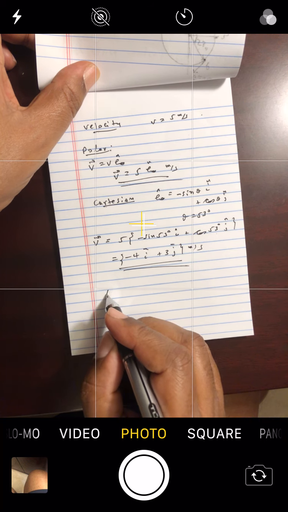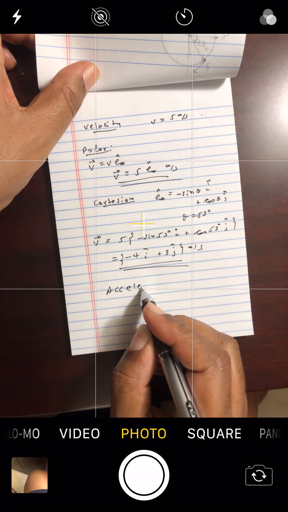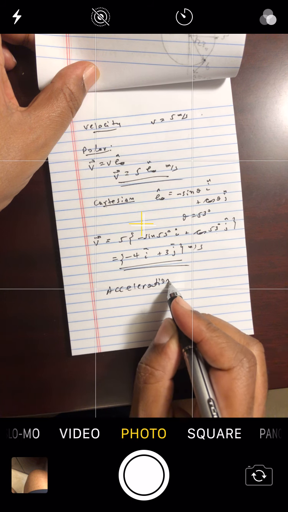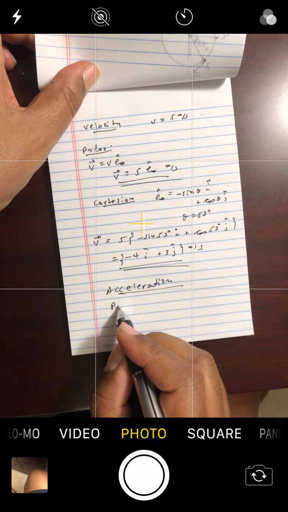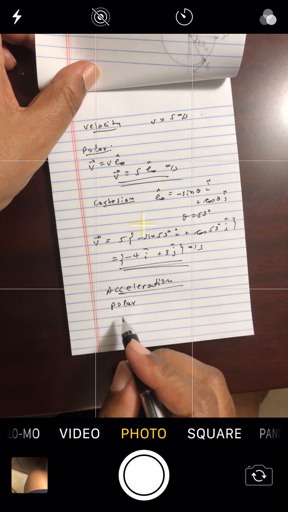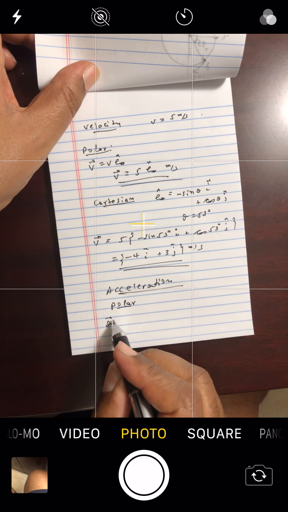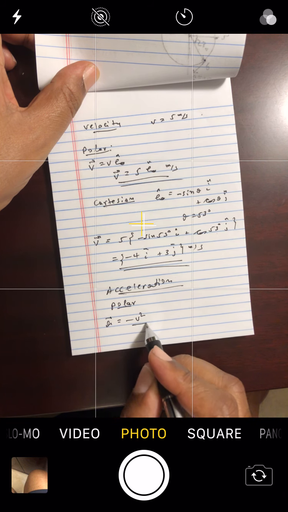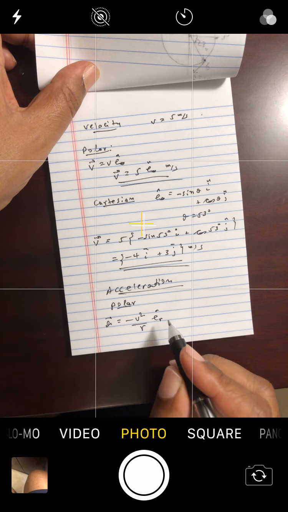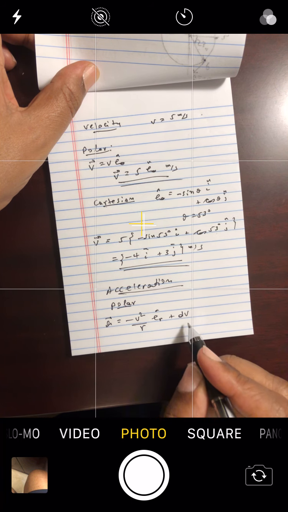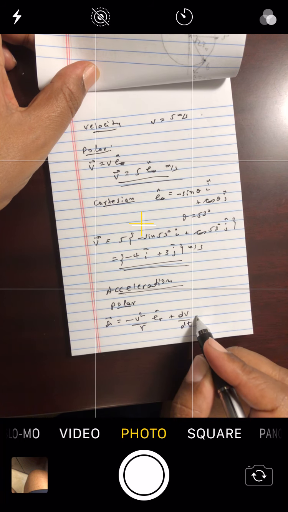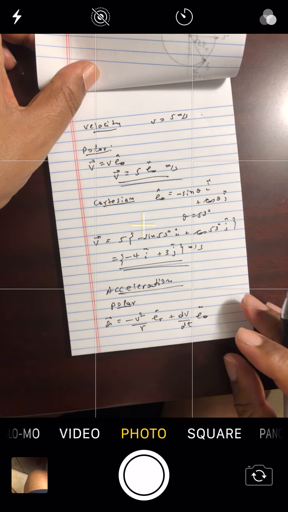Now let's do acceleration. First polar. The formula for polar acceleration is negative v squared divided by the radius in the direction of e_r plus dv/dt in the direction of e_theta.